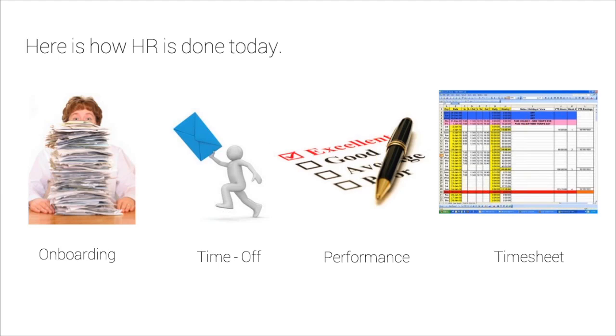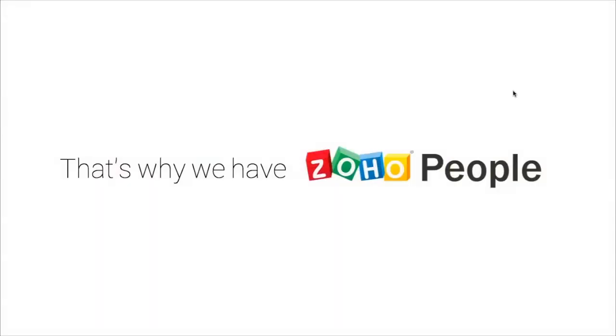Managing activities this way is very similar to using an old, outdated Nokia phone. Now, what if there is a system to automate all your HR processes? Well, that is why we give to you Zoho People. With its clear and simple UI, and of course, its extensive features, it makes HR management a breeze.